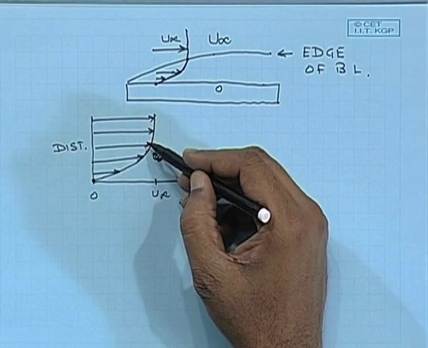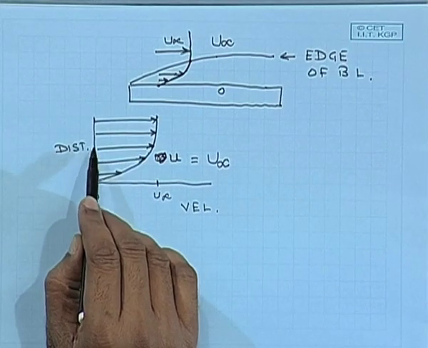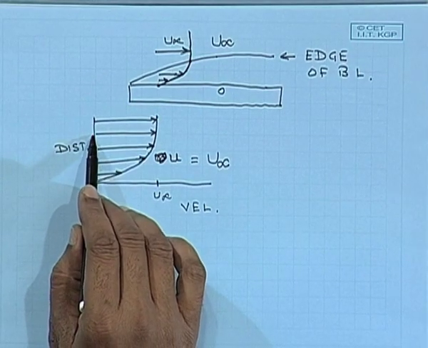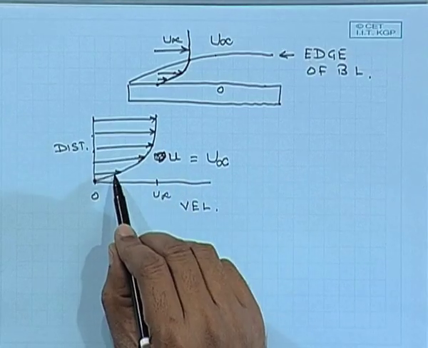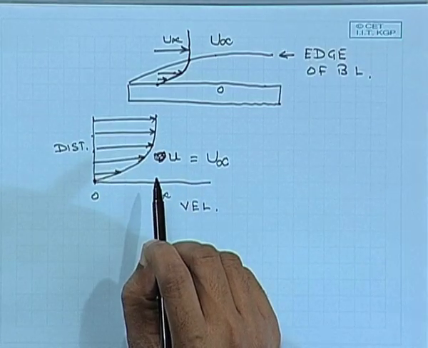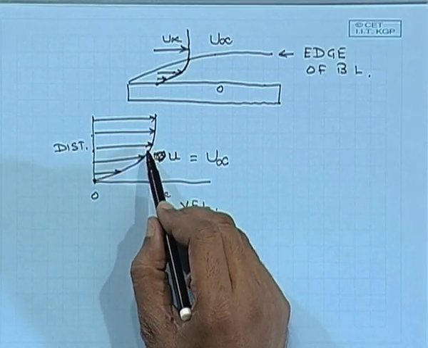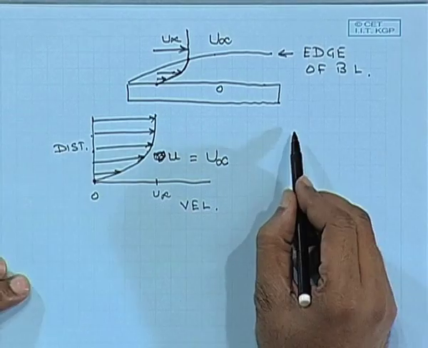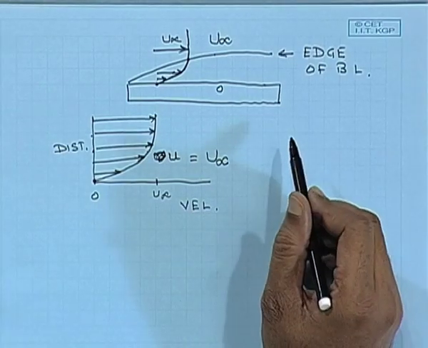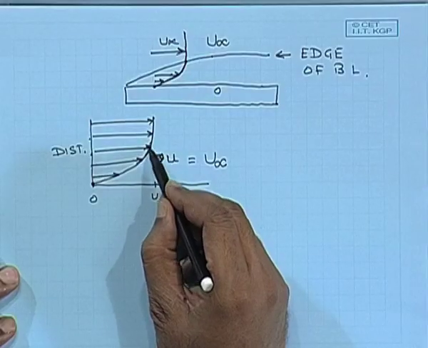So one can read u equals u infinity at this point. Your friend can say no, it's at this point. And it's difficult to experimentally measure velocity over a very small region. Now you generally measure velocity, point velocity, using an instrument called Pitot tube, which you are going to see in the fluid flow lab today. But how do I define it?